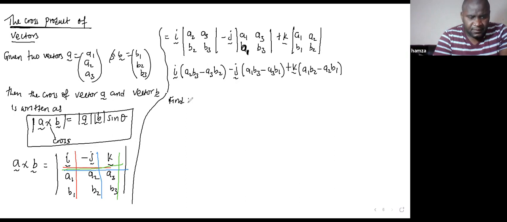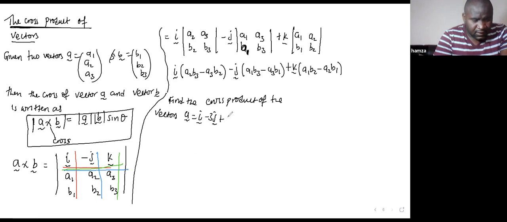Find the cross products of the vectors A equal to i minus 3j plus 3k, B equal to negative i minus 3j plus 2k.